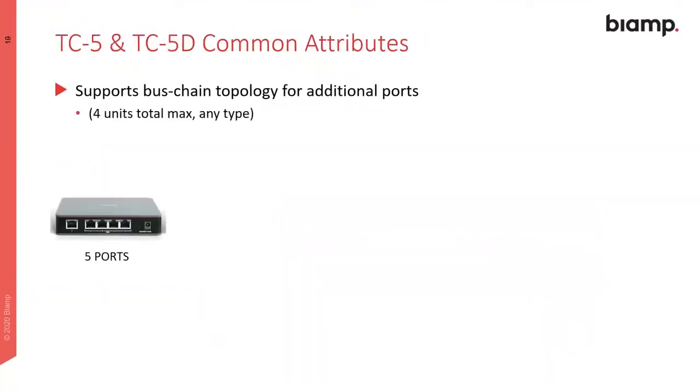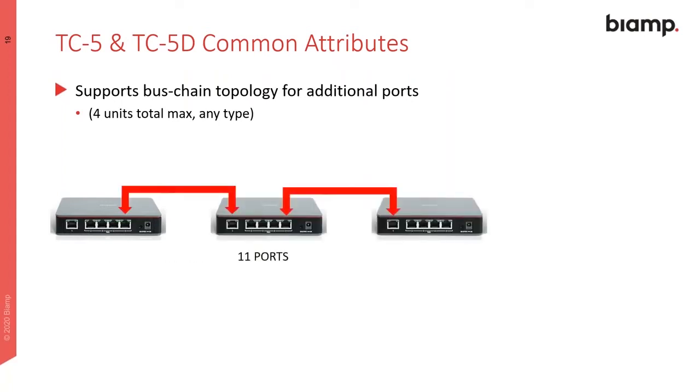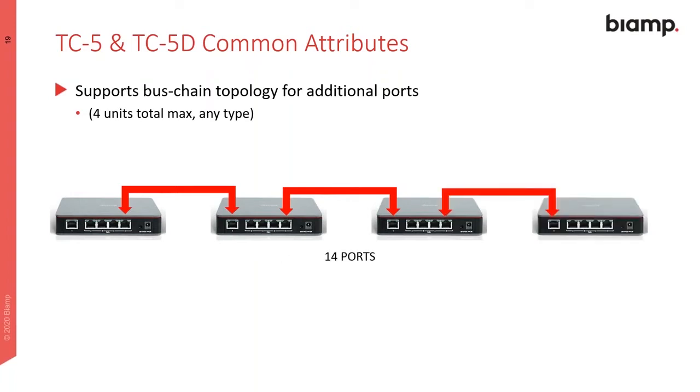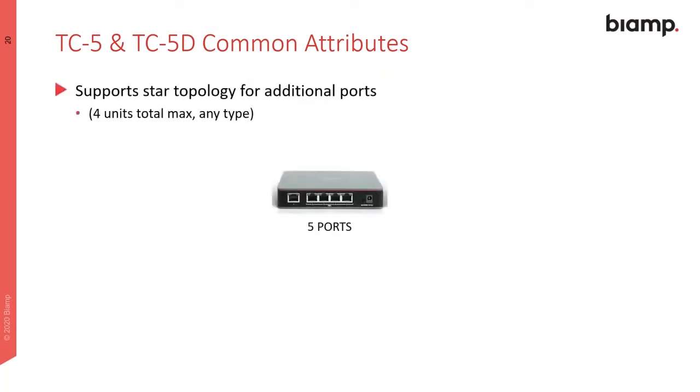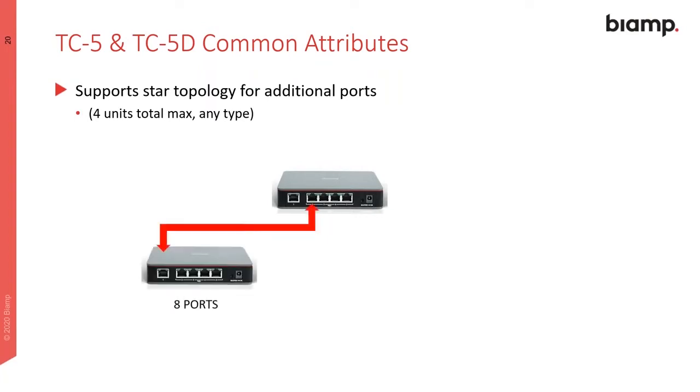The TC5 and TC5D support what we call bus chain, which is the correct term for daisy chaining multiple switches. The professional IT person will call it bus chain. So we can support up to 14 ports if you daisy chain or bus chain TC5s. It also supports star topology, and keep in mind that you can connect up to 4 units in total in that case.